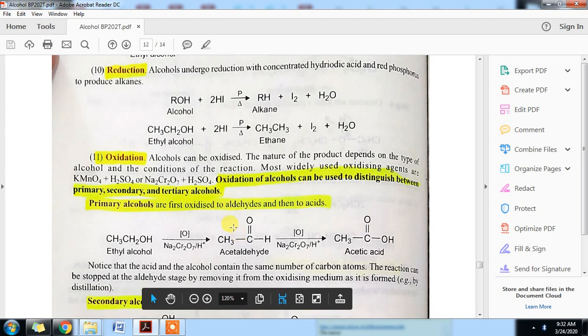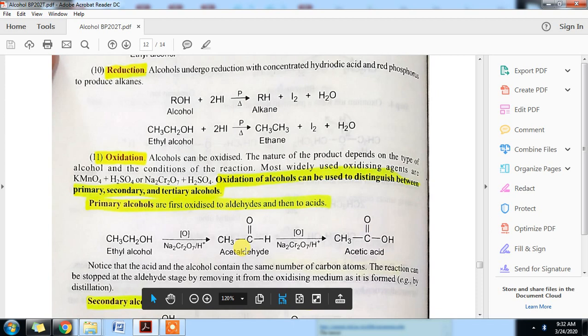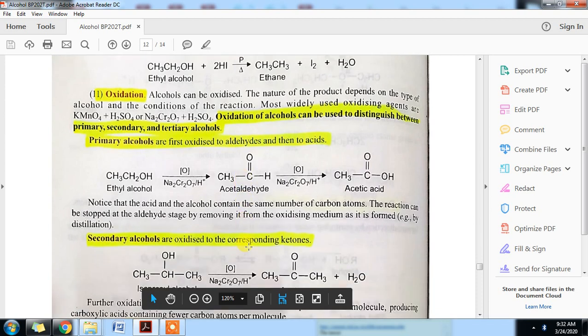In this case the strength of the oxidizing agent is most important. If you are taking a much stronger oxidizing agent or a huge concentration, this alcohol directly converts to carboxylic acid. Or if it is a less reactive oxidizing agent, it is going to give you the aldehyde only. Okay, so you remember this one.